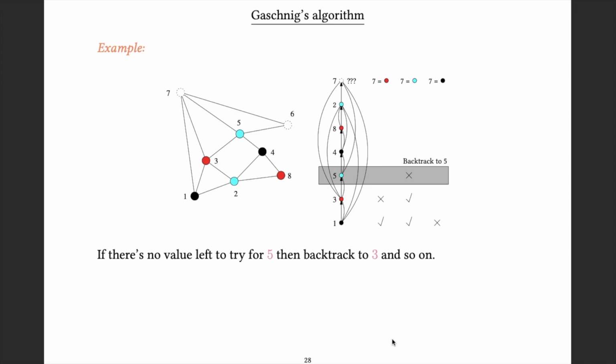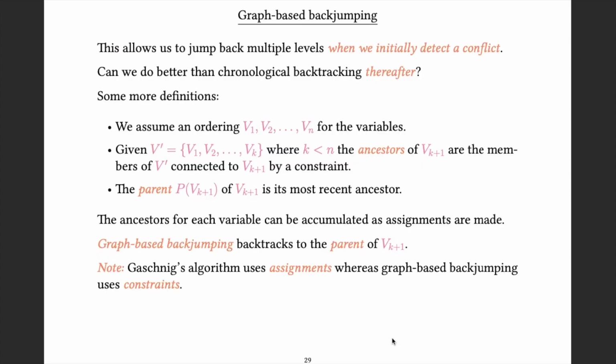So 5 is the point that we backtrack to. Now it's clear that Gaschnig's algorithm has allowed us to make some progress. When we first find that we've got to a variable that we want to assign and there are no possibilities left that will work, we can do potentially a backjump over more than one variable assignment. And we can do that without adversely affecting the search process.